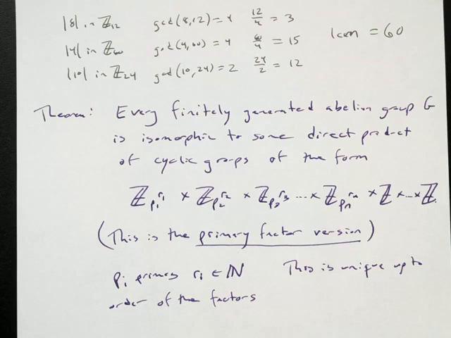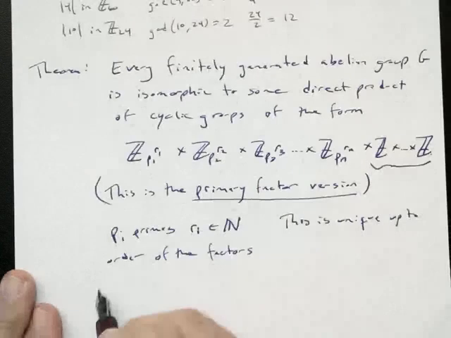By the way, the number of copies of the integers that we have here at the end is an important number and was first studied by a guy by the name of Betti. So we call that the Betti number of the group.